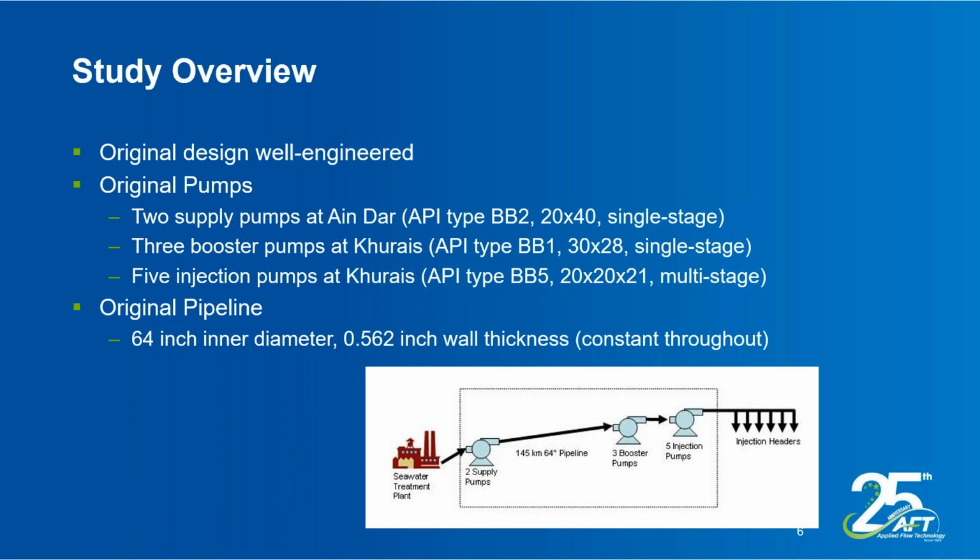Here's where AFT came in, with the ability to help them consider multiple cases of different pipe diameters and different wall thicknesses to figure out if there was a better operation available that could help boost production flow rates and also minimize costs while staying within the requirements.